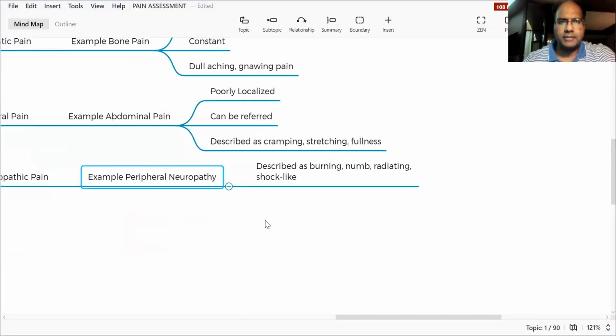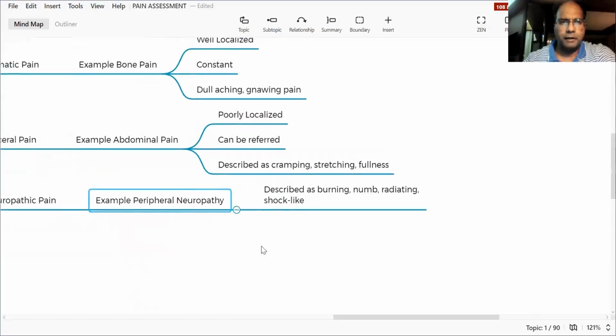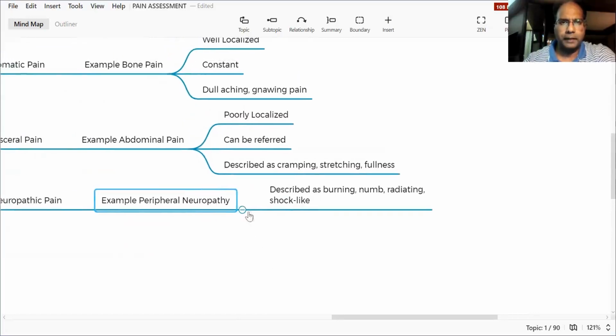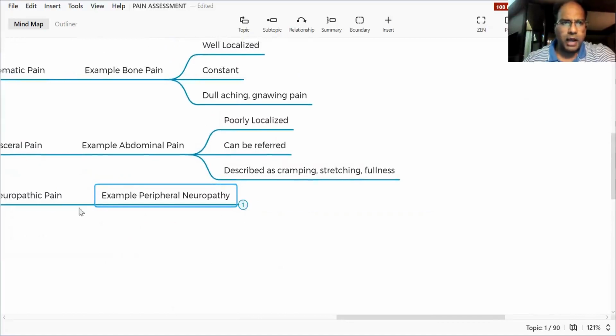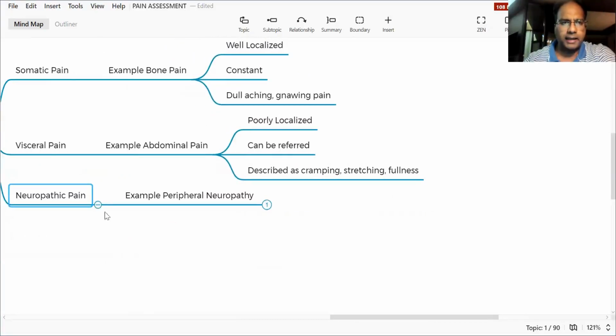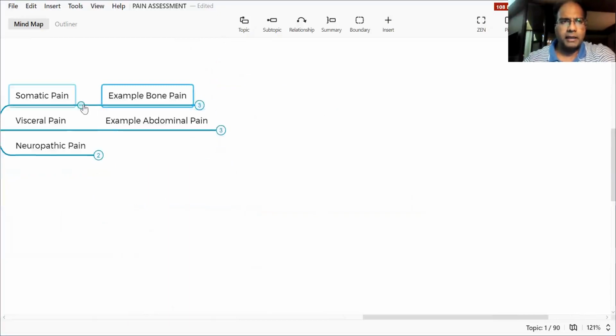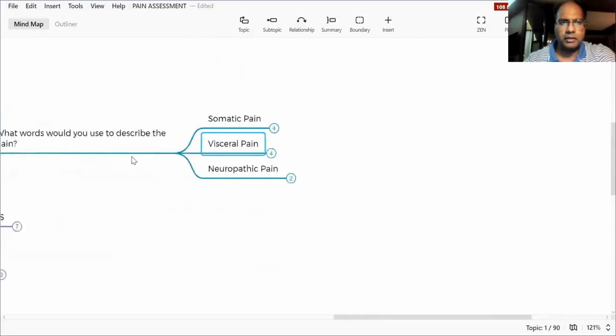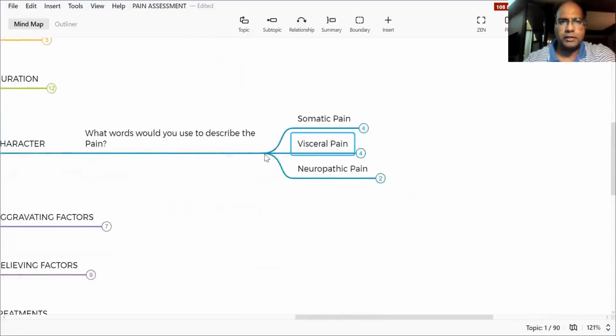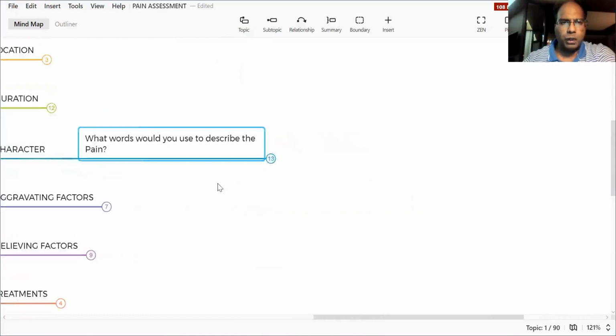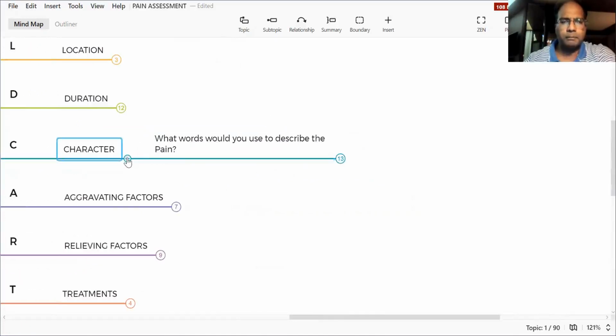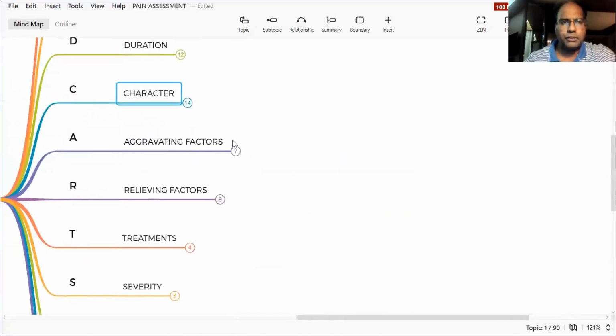That's how we can classify the pain that a patient refers to when we ask him to describe his pain, and this is the way in which he or she can describe the pain.